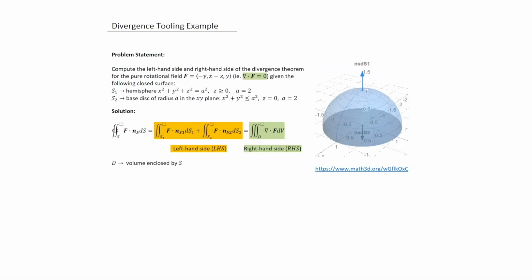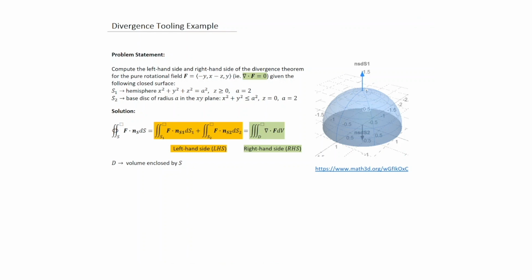All right, so let's start looking at some examples applying the divergence theorem. I call them tooling examples, just so you understand the calculation procedure. And there's a little demo on the side that you can look at and play with to understand how it can be utilized.